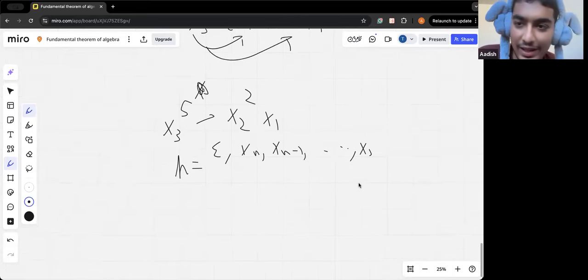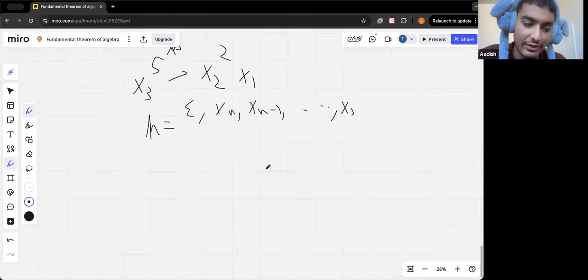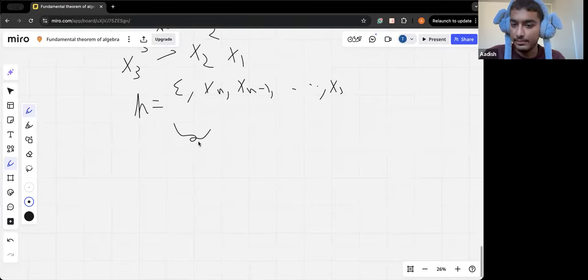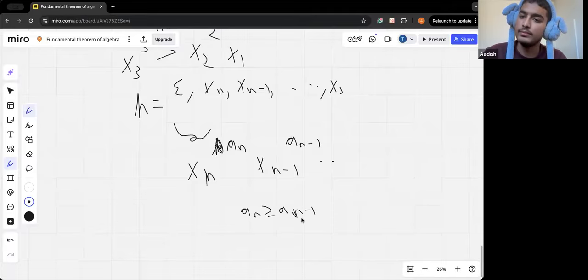Now I get it. Anyway, now you take the highest degree term, and what do you do? Suppose the highest degree term is xn to the an, xn minus 1 to the an minus 1, and so on, for an greater than or equal to an minus 1.